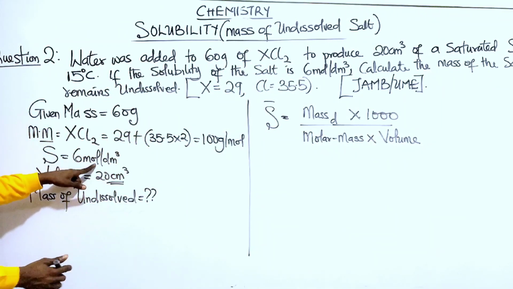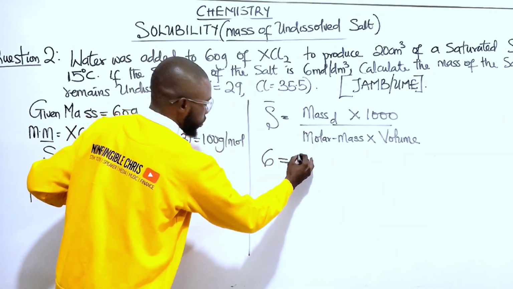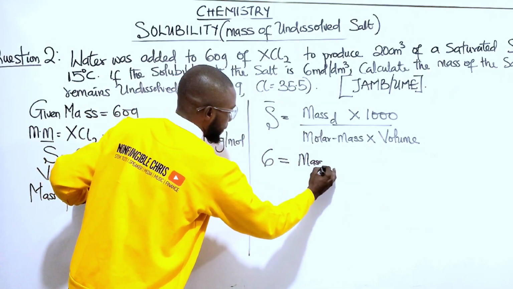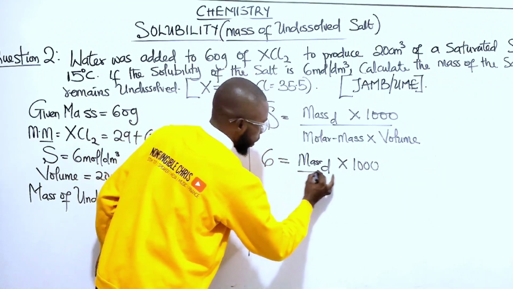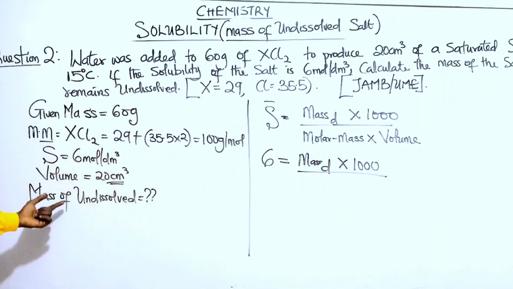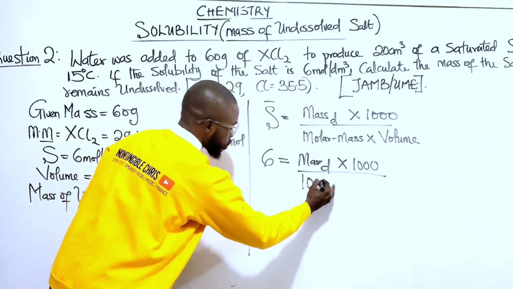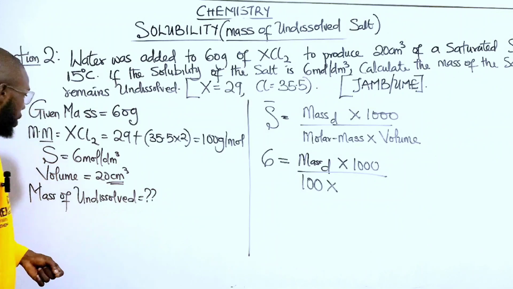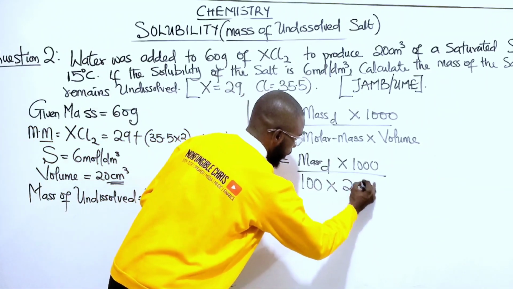Our solubility was given as 6, so 6 is equal to mass of dissolved times 1000 over our molar mass, which was 100 gram per mole, times our volume, which is 20 cm3.